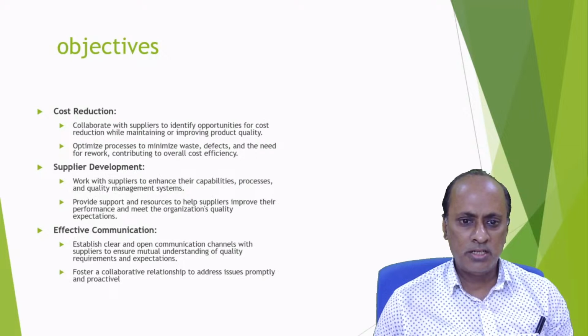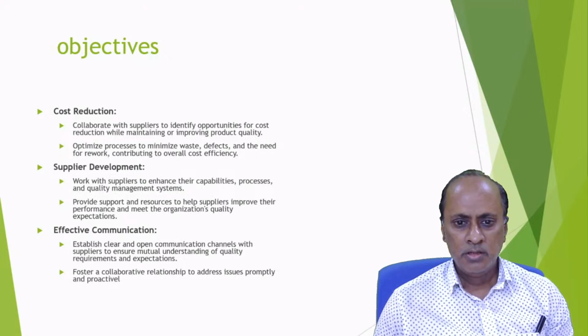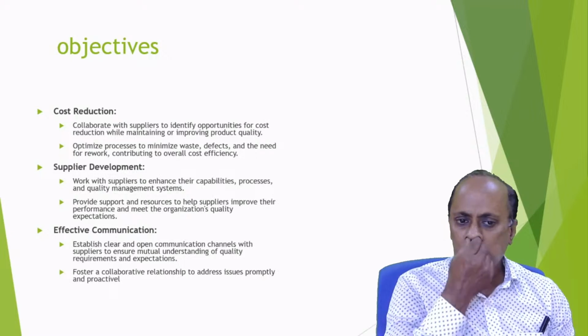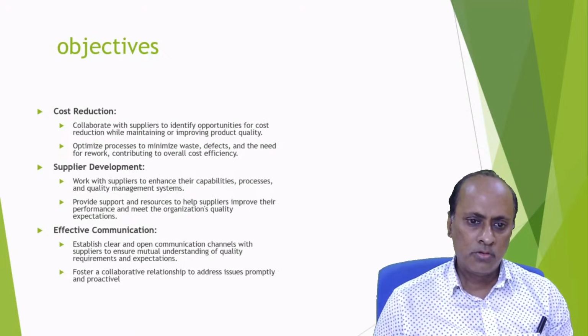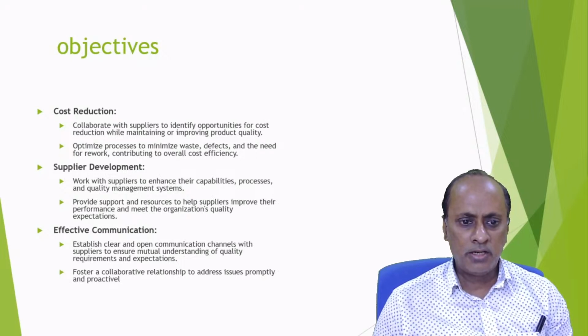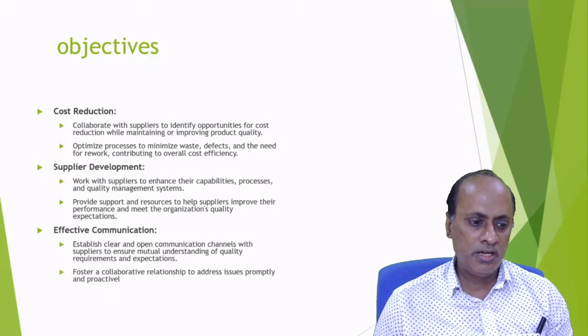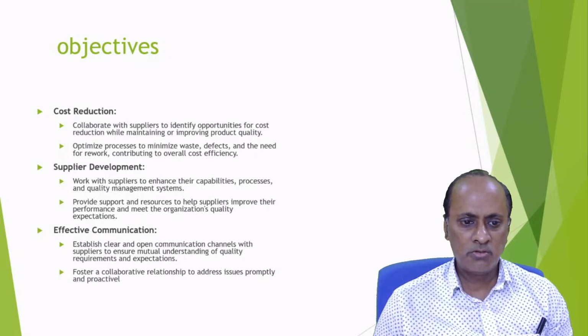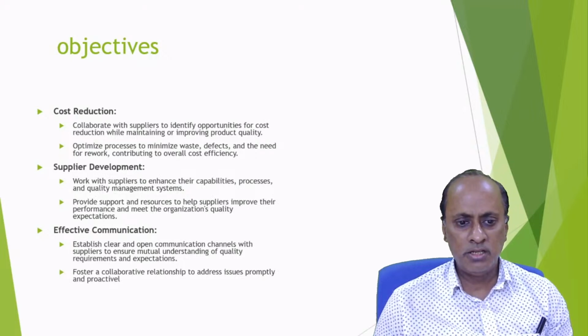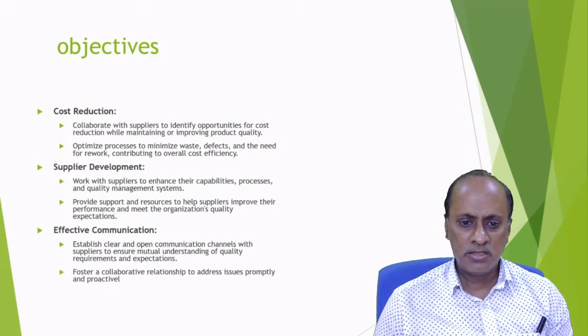Work with suppliers to enhance their capabilities, processes, and quality management systems. Provide any support or resources to help the suppliers improve their performance. And effective communication. Establish a clear and effective communication channel with the suppliers to ensure mutual understanding of the quality requirements and expectations, and foster a collaborative relationship to address issues promptly and proactively.